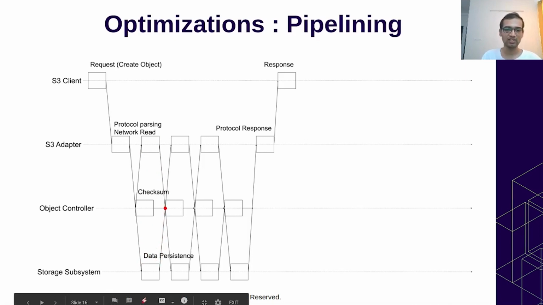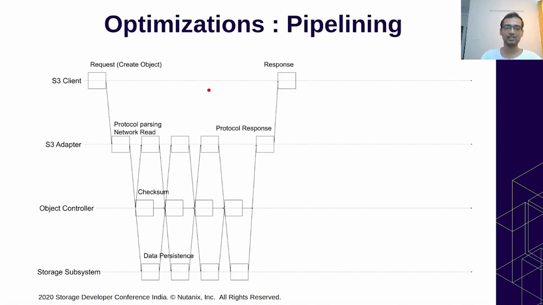The acknowledgement of the receipt of chunk 2 and acknowledgement of persistence of chunk 1 is sent together to the S3 adapter, which then can start reading chunk 3, and the whole process continues. With this approach, we have essentially hidden the latency of all these operations in a single operation worth of duration. So this drastically reduces the response time for the client by doing pipelining in our stack.